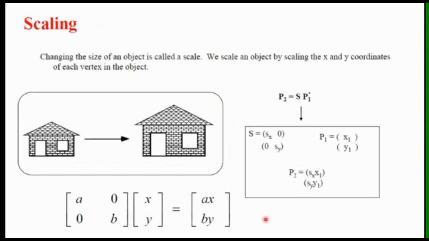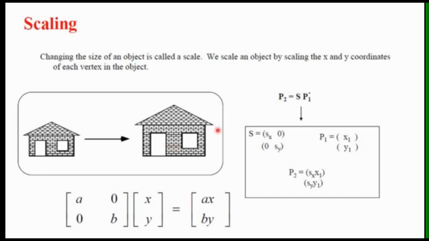Then scaling. Scaling means changing the size of an object. If we want to enlarge an object, as we can see here, we scale up the object by scaling the x and y coordinates of each vertex. So we have to multiply by some value. Suppose the coordinates of the new point are P2.